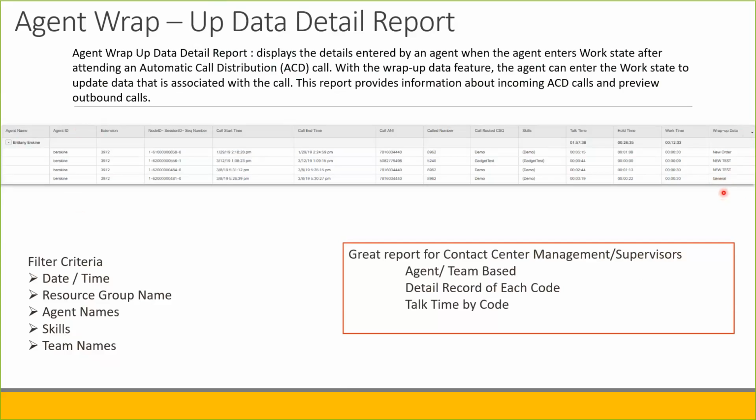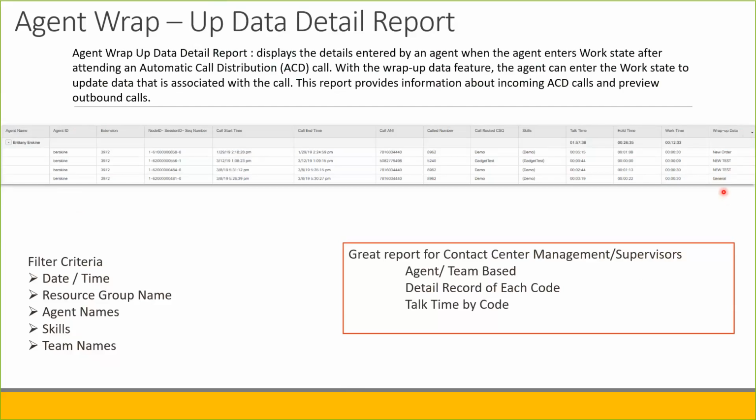So it gives you a really good view on what this agent is doing, how they're performing with which WrapUp code. So it gives you a really good view on not only the WrapUp code and information about those types of calls, but it can also be used to view it at the agent level.